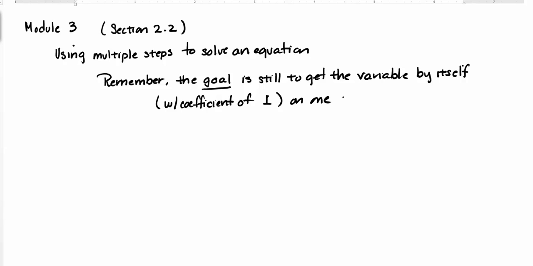Another thing we say is we call it isolating the variable.